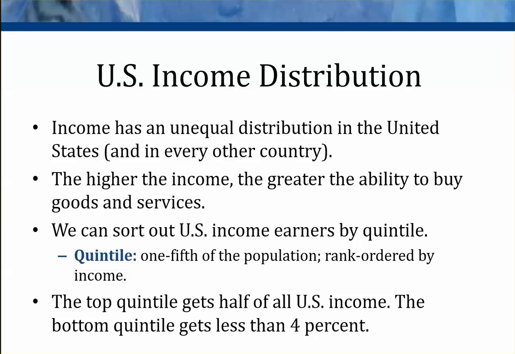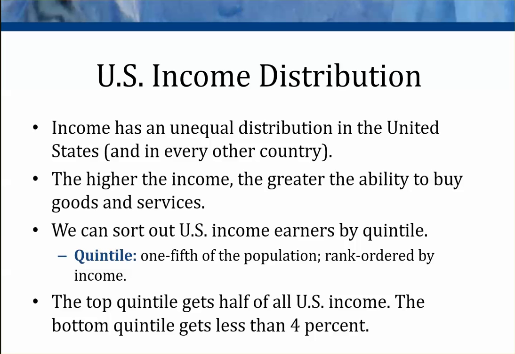So the U.S. income distribution is a really hot topic. I think many of you have already heard this term again and again: income inequality. So income has an unequal distribution in the United States and in every other country as well. Actually, the higher the income, the greater the ability to buy goods and services.